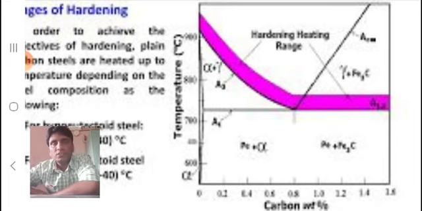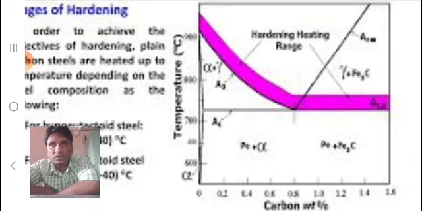But in Austempering, we directly go to bainite, so that we will make sure that the entire retained austenite gets transformed into bainitic structure.